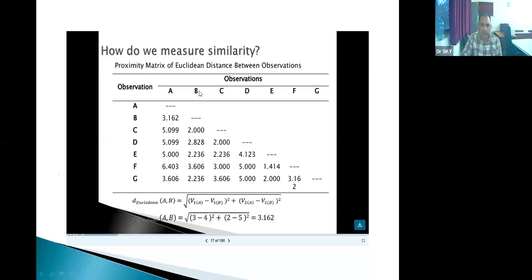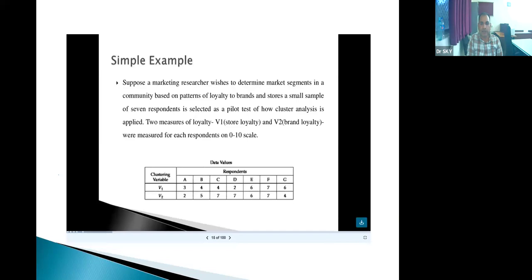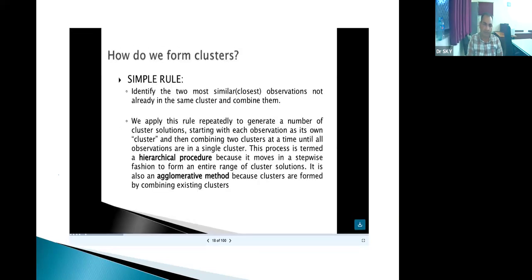So the distance between B and B is 0, and B and C it is 2, B and D it is 2.8. This way we can calculate for all the objects over the characteristics. Here we have two characteristics: store loyalty and brand loyalty.